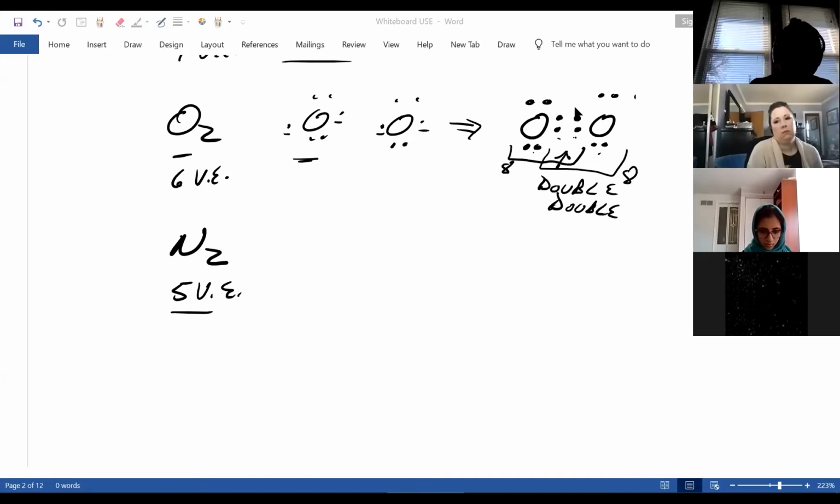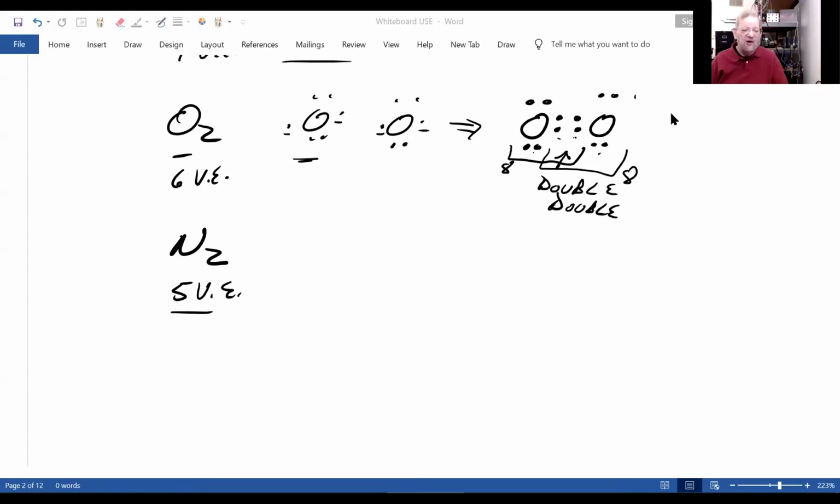I think everybody's done, so let's do this. How do we do this? Well, this nitrogen has 5 valence electrons, and the other nitrogen, same thing, 5 valence electrons. And this nitrogen says I have 1, 2, 3 unpaired electrons, and you have 1, 2, 3 unpaired electrons.